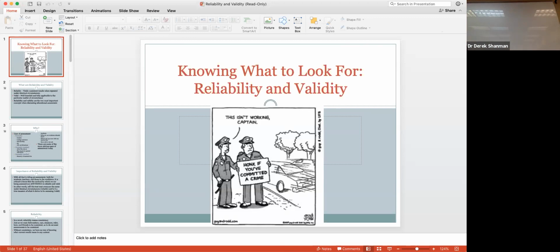This is not going to be an exhaustive list by any stretch of the imagination, but it gets you a good start into looking at the publishers' websites, hopefully finding some research, seeing what people are saying, pros and cons about the different reading assessments that are out there, as well as kind of what each of them purports to cover.